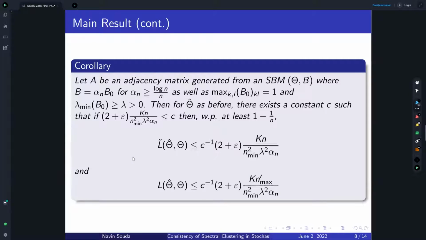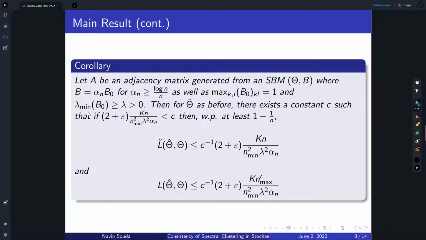So again, we have an adjacency matrix A and an SBM, but here we define B as alpha n times some matrix B naught, where B naught has a maximum entry of 1, and it has a minimum eigenvalue that is bounded below by some lambda.